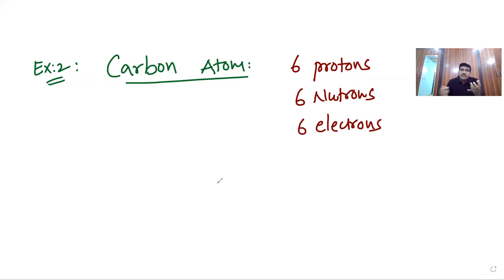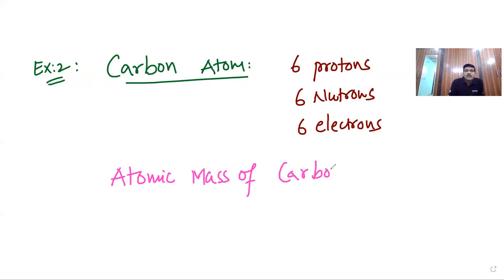We want the atomic mass of carbon. That means a single carbon atom, its atomic mass I need. So I write here, atomic mass of carbon. What is atomic mass? In the nucleus, what are present? 6 protons are present, 6 neutrons are present.